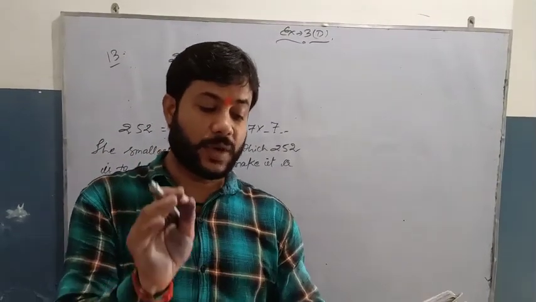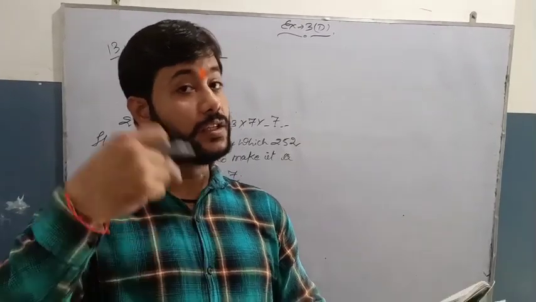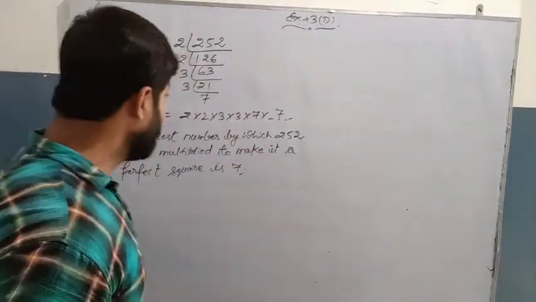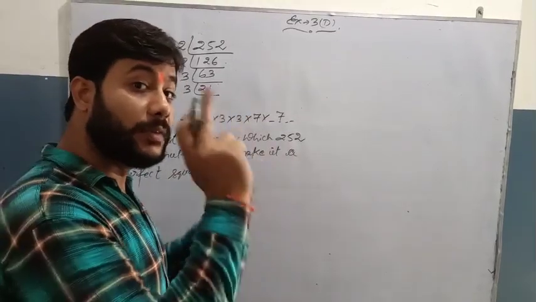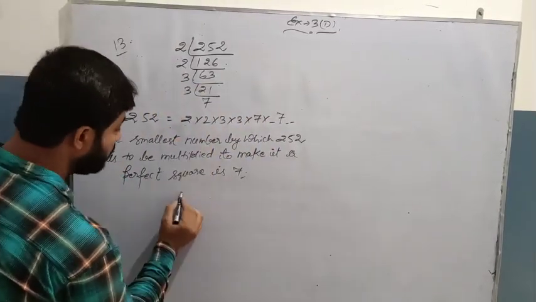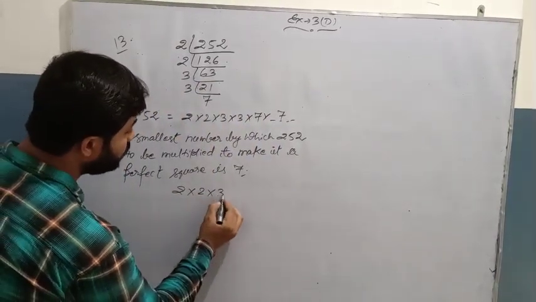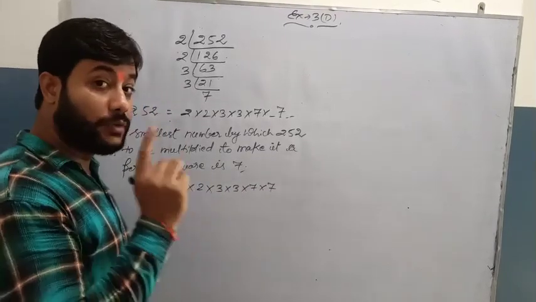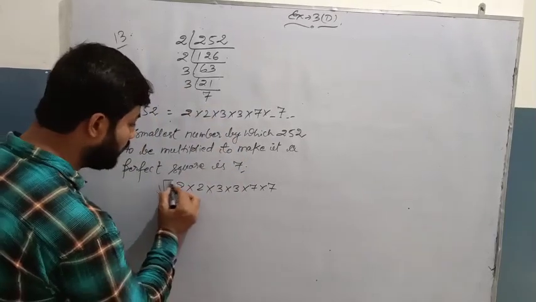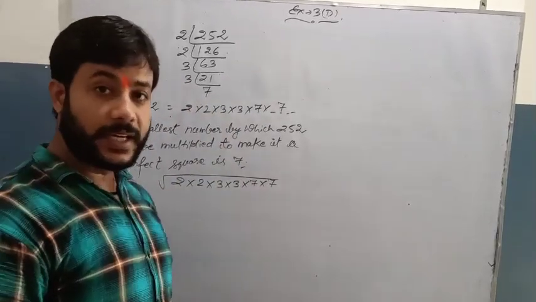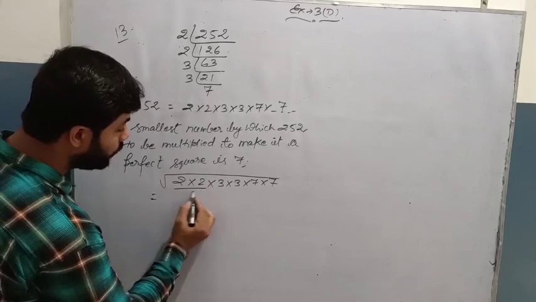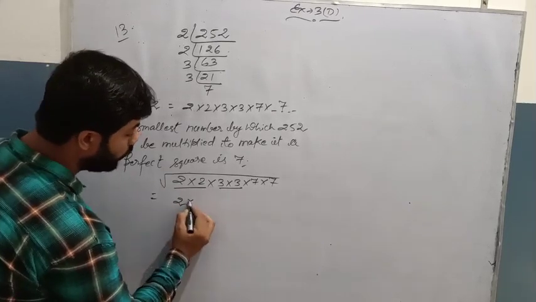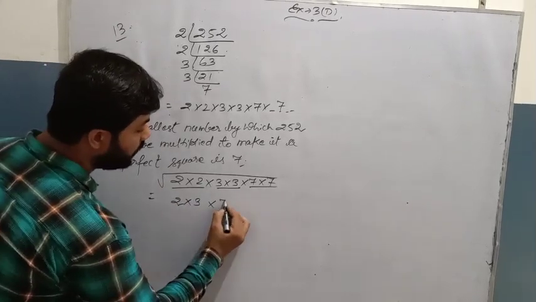Now one more part of this question: also find the square root of the perfect square so obtained. So we have 2 into 2, 3 into 3, 7 into 7. So what will be the square root? We will have a square root here, right? This will give you 1 two, 1 three and 1 seven.